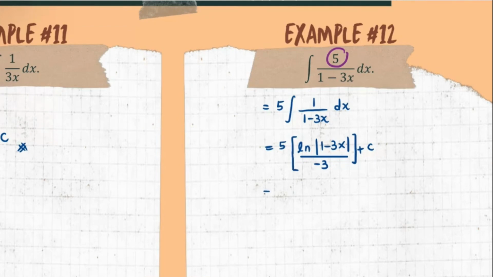Okay, so your final answer here will be negative 5 over 3 ln of modulus 1 minus 3x plus c. Settle.